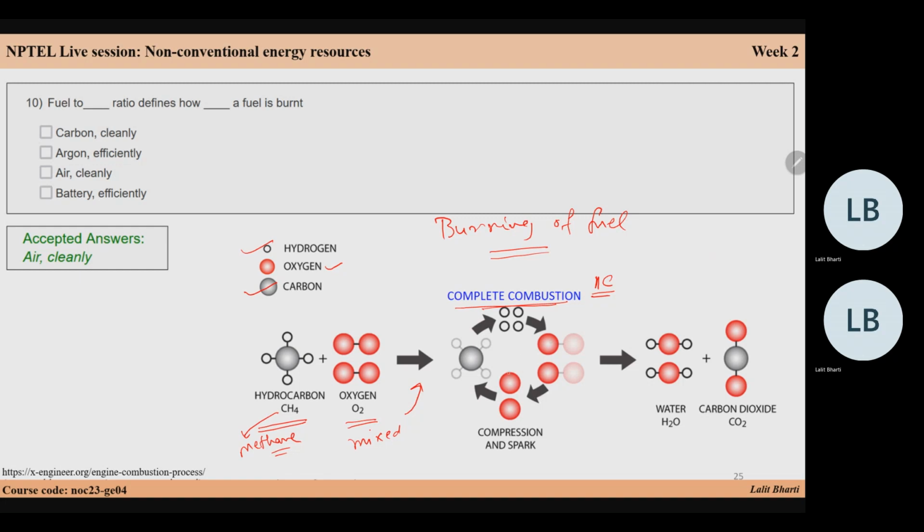And after the mixing, they just need to get a spark. After the spark, they burn and produce a lot of energy. It produces high temperature, and the products are H2O and CO2.